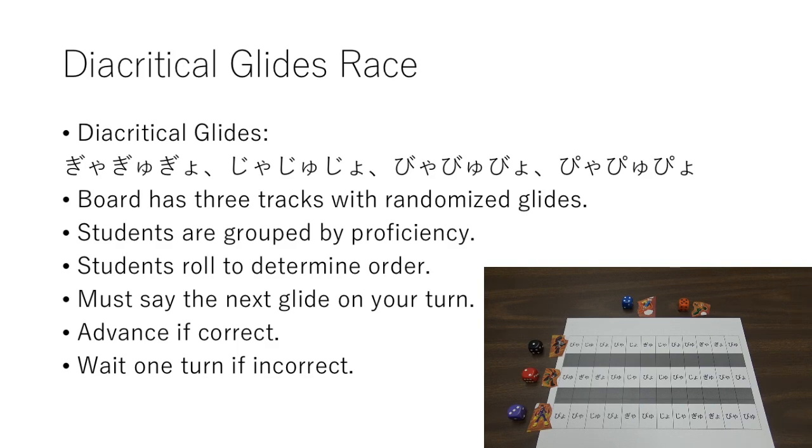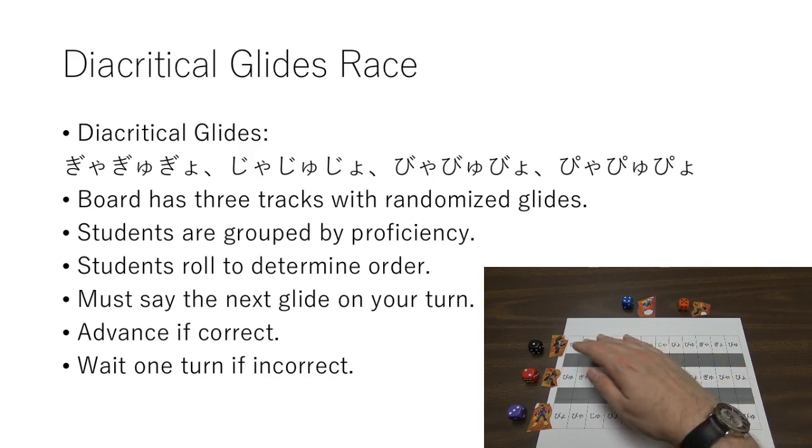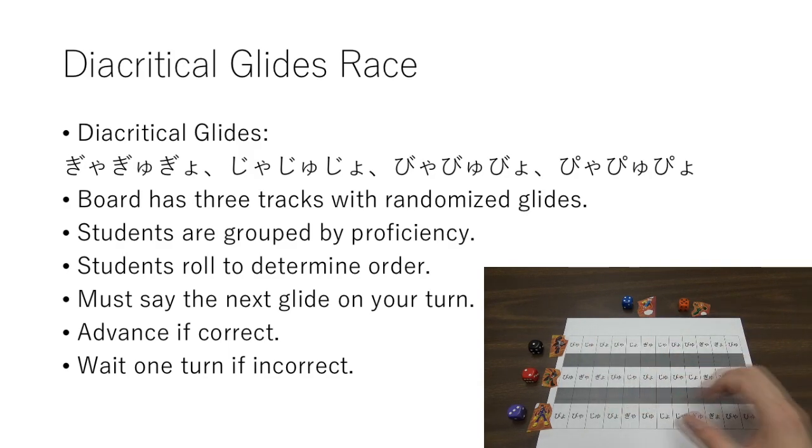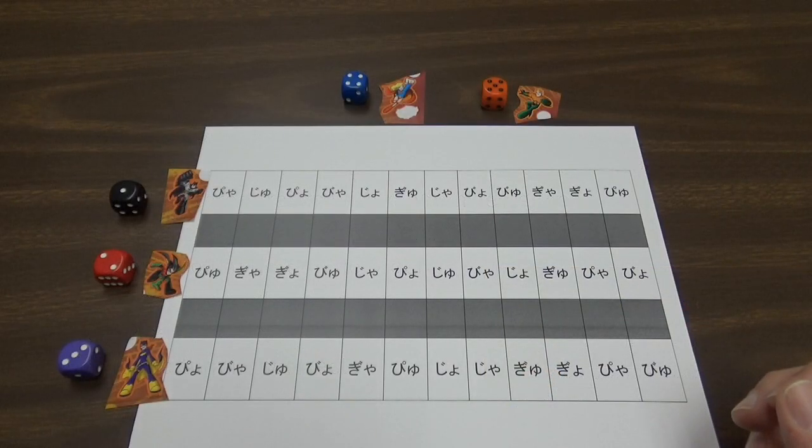I group the strong students as one team, and I join those who are just beginners in hiragana or maybe struggling because they had to miss a few classes. I try to group them together by proficiency because it's not very fun if one student just dominates and leaves the others behind.